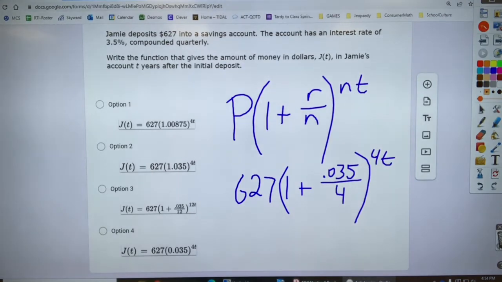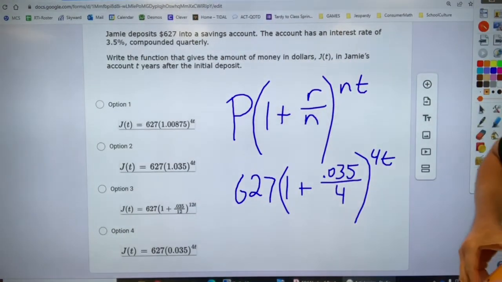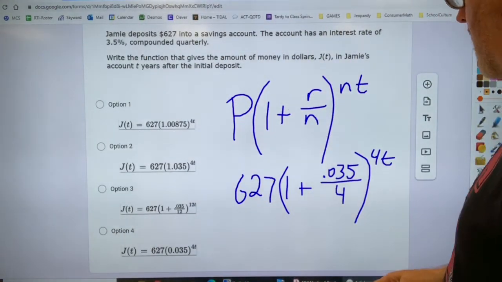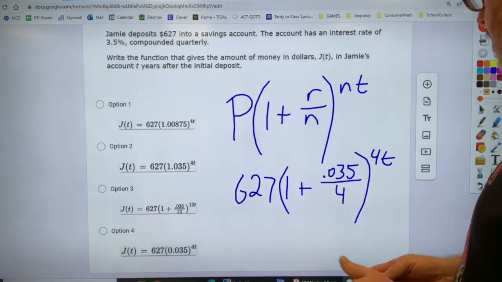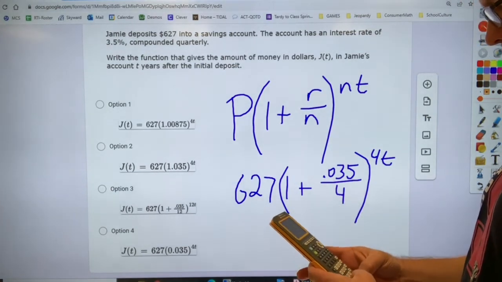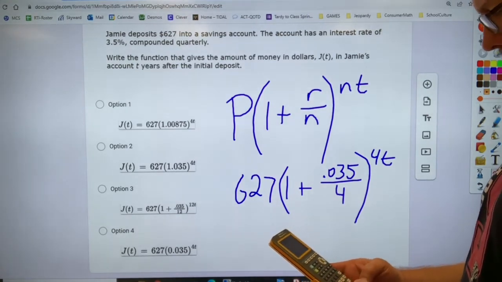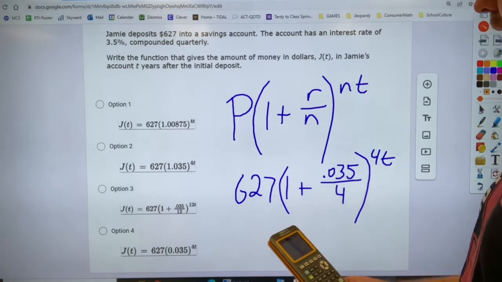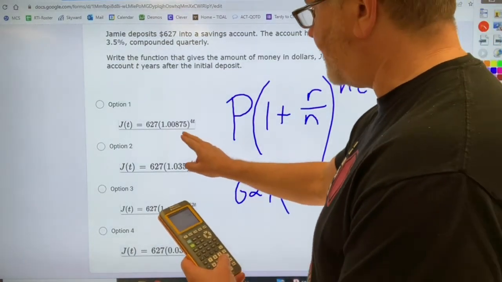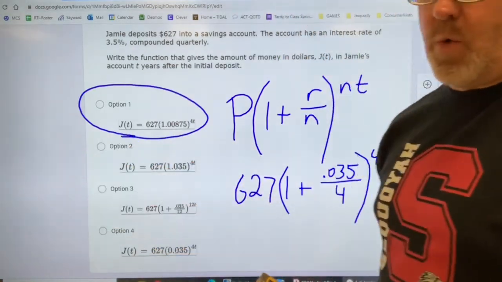So, grab my calculator here. One plus 0.035 over 4. 1.00875 to the 4t, so that would give us option 1.